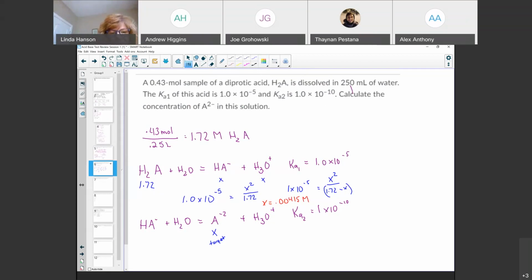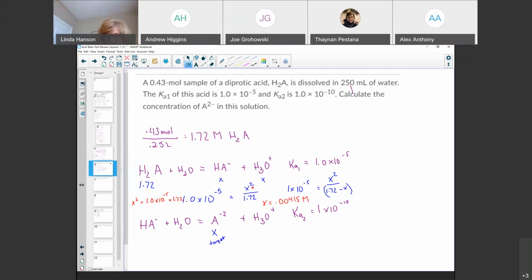Just to show what I did, I found X squared by multiplying 1.72 with the value of Ka1, and then I took the square root of that answer to pull out X. So that was me solving for X right here.